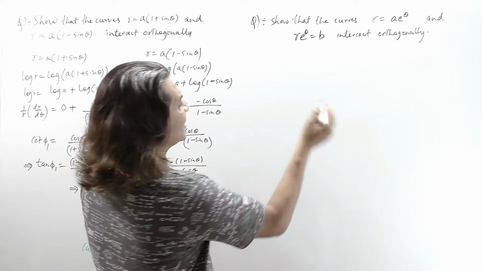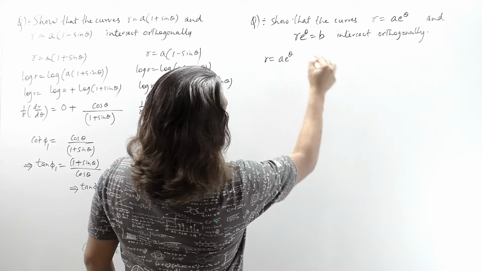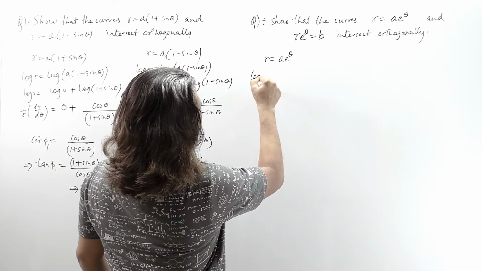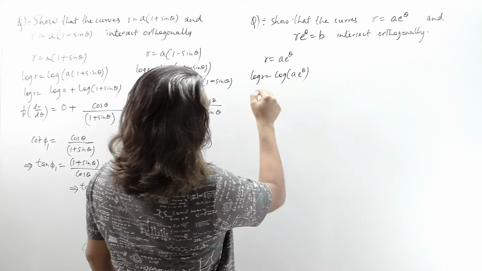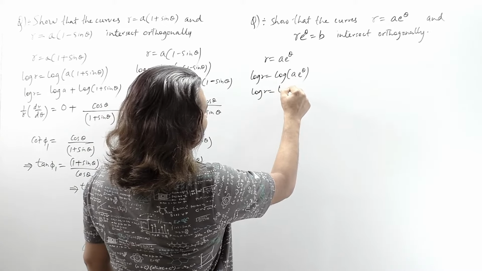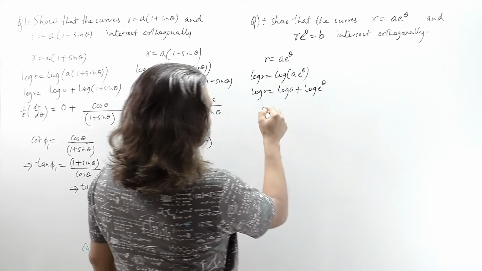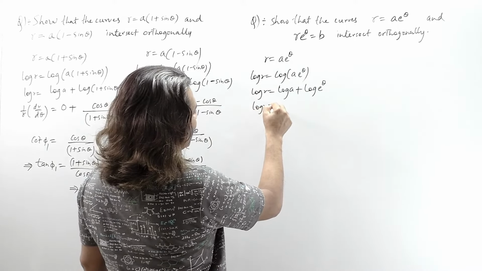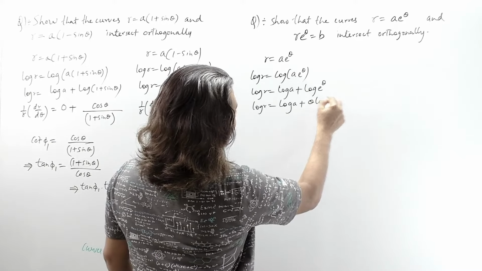Fine. So first, as usual, r is equal to a e raised to theta. Apply log on both sides. Log of r is equal to log of a e raised to theta. Now, log of a into b is log a plus log of b. That means log r is equal to log of a plus theta log e.